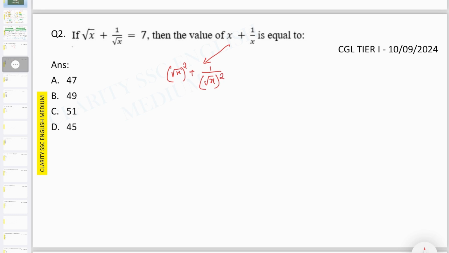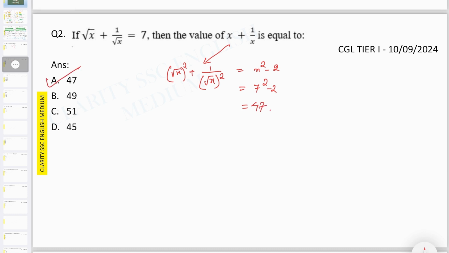You need to see the whole expression in the form of x plus 1 by x or x minus 1 by x. So here it's the same as above. What's the formula of a square? The formula of a square is n square minus 2. What is n here? 7 square minus 2 is 47. So option A is the correct answer.